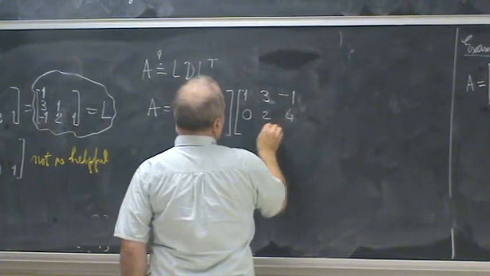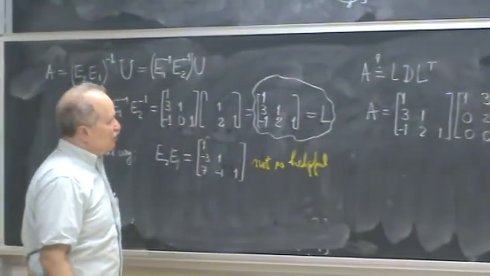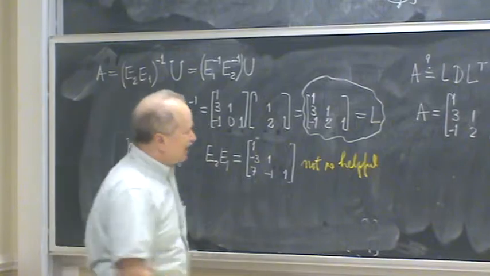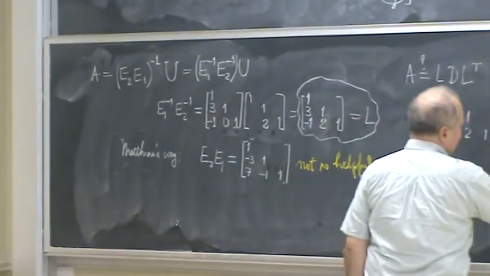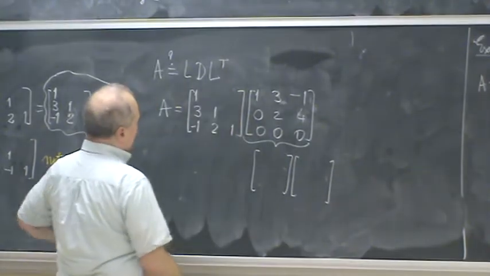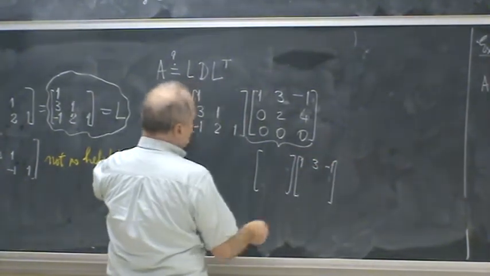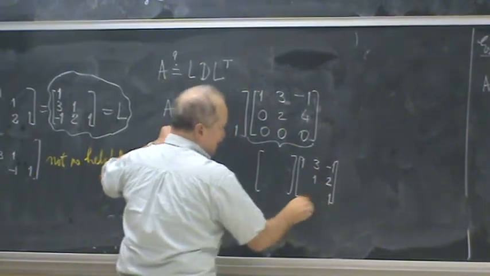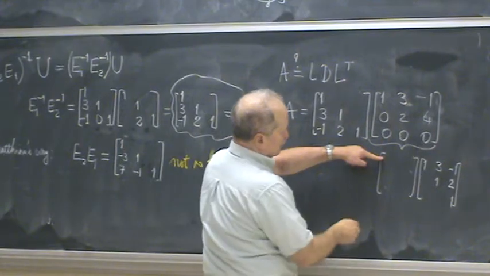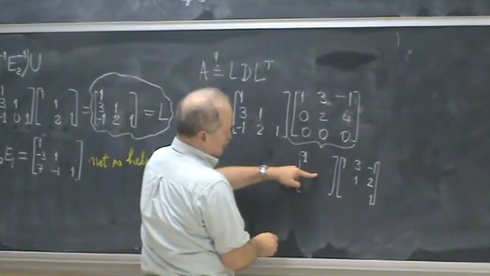So the last one is your U. What should I do? Break U into D, L transpose. Right, break this into D, L transpose, and notice L transpose is very much sitting there waiting for you to do this. What goes here? 2.